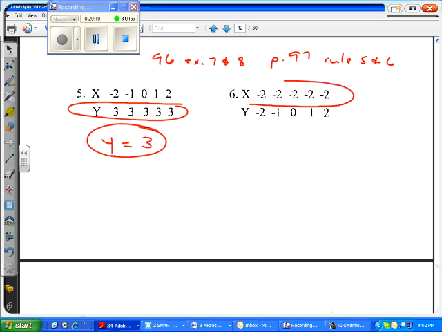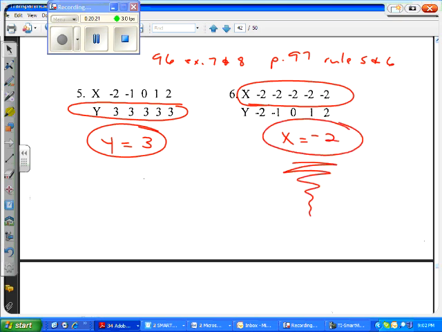We learned that if it's a constant x, then it's a vertical line, and the equation is x equal to constant x. Remember that on a vertical line, the slope is undefined and there's not a y-intercept. On a horizontal line, the slope is 0, and the y-intercept is that constant y.